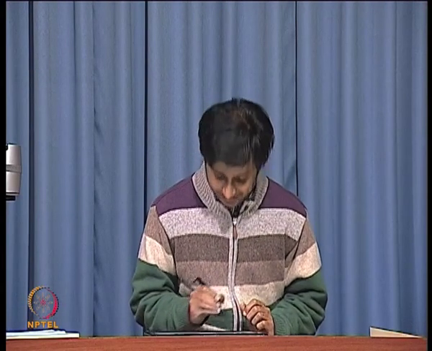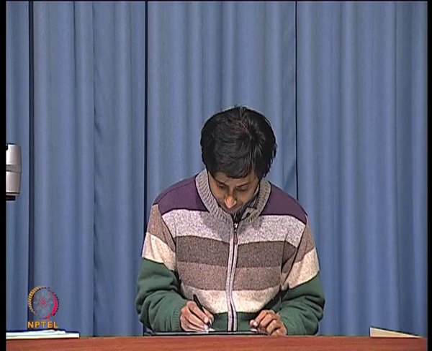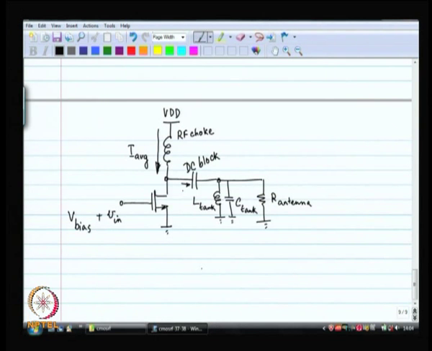The next thing to understand is that the average current through the DC block capacitor has got to be equal to 0. So, no average current flows through the DC blocking capacitor.